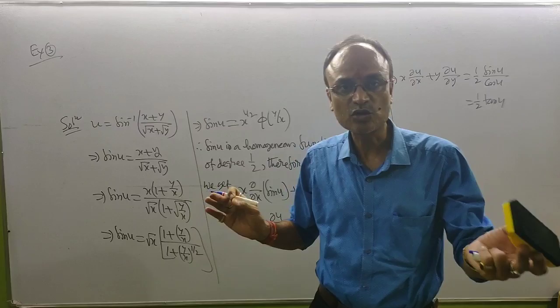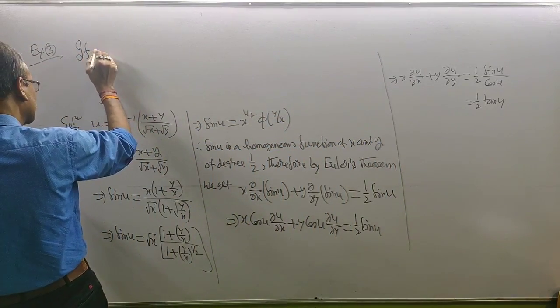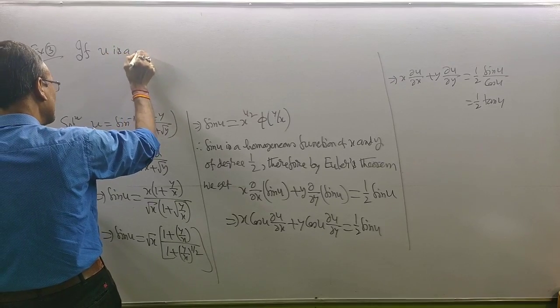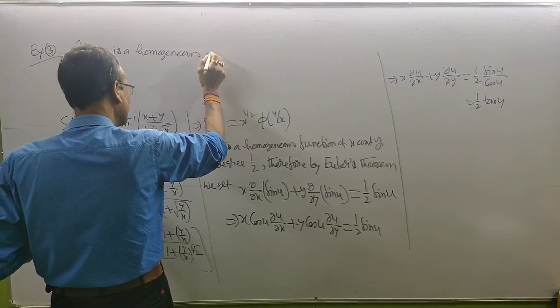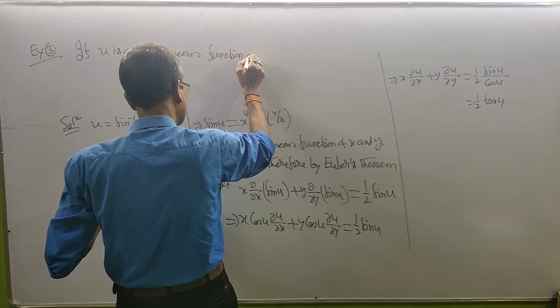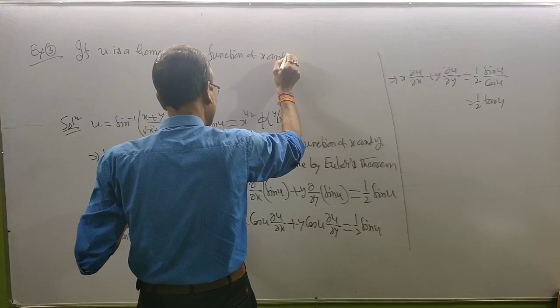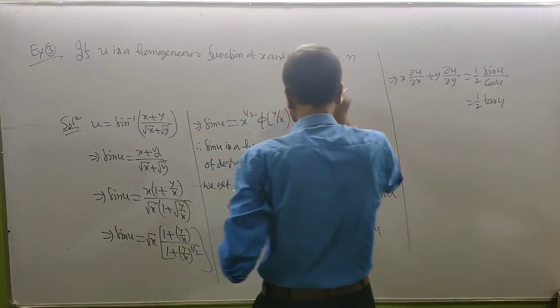Suppose u is a homogeneous function of x and y of degree n.